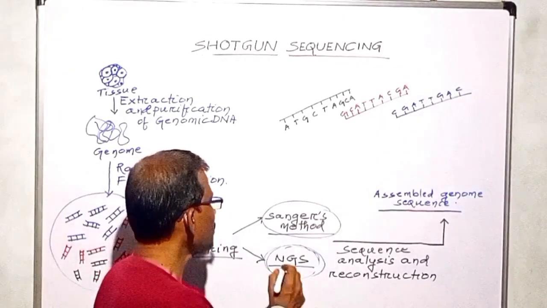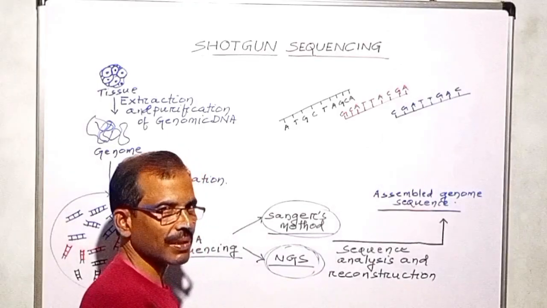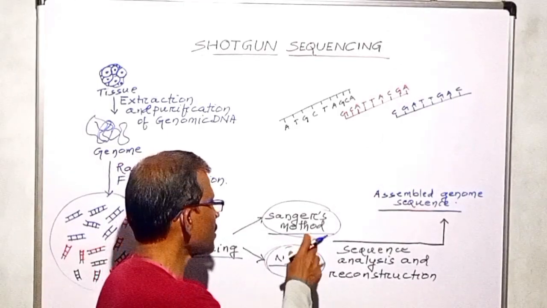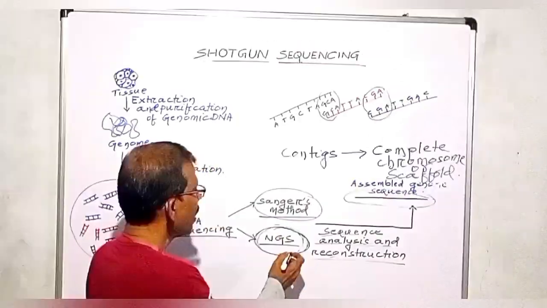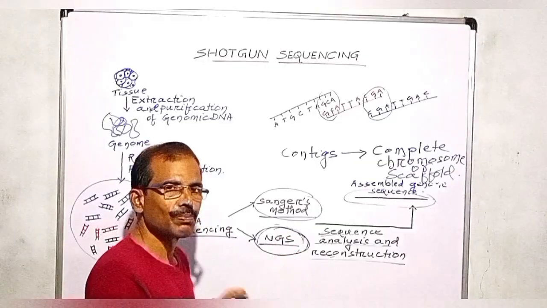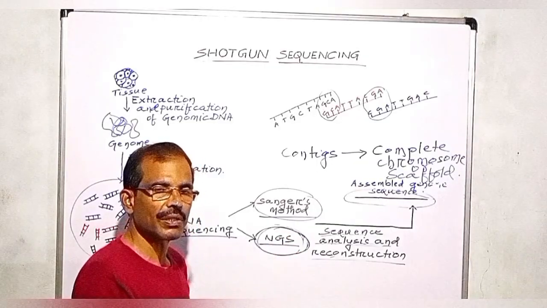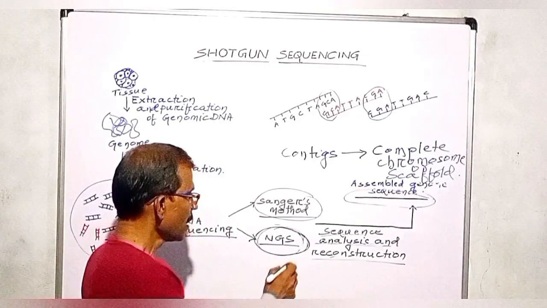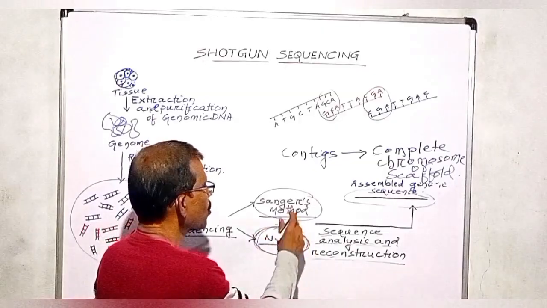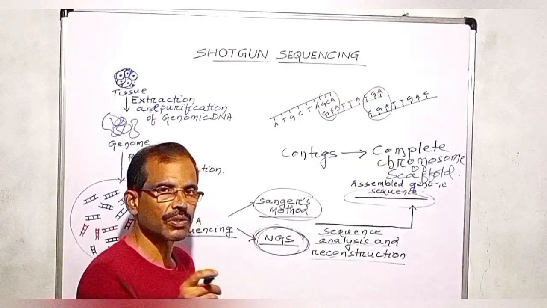In addition, NGS has a sensitivity that is higher than Sanger's method. As NGS is much faster and more efficient than Sanger's method, it has replaced the role of Sanger's method in shotgun sequencing.